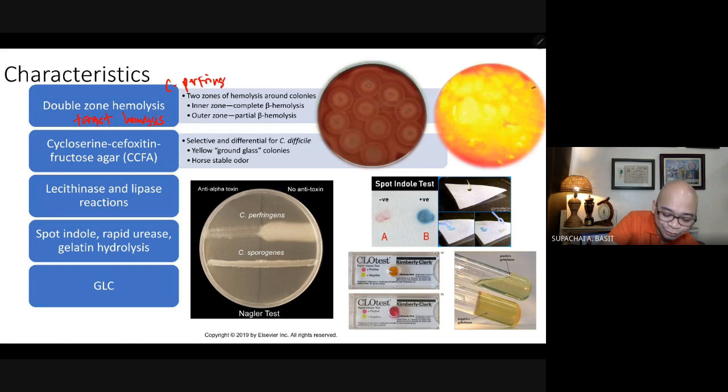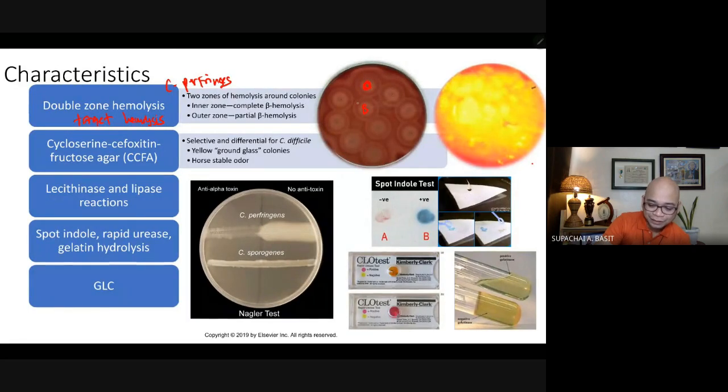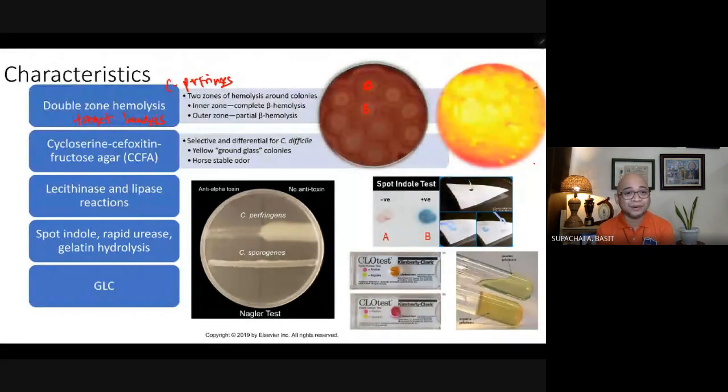Do not forget this one. The inner zone is said to be a complete beta hemolysis, and then the outer zone is actually a partial beta hemolysis. Okay, so that's why it's called double zone of hemolysis.